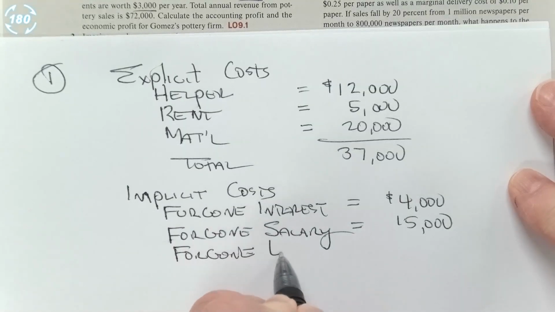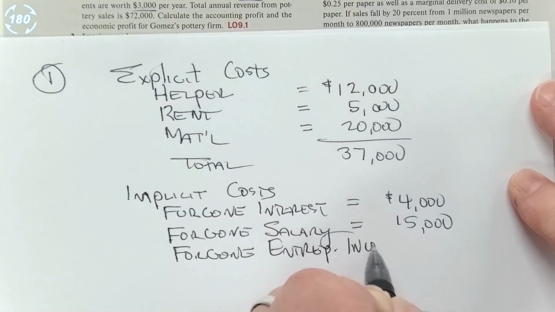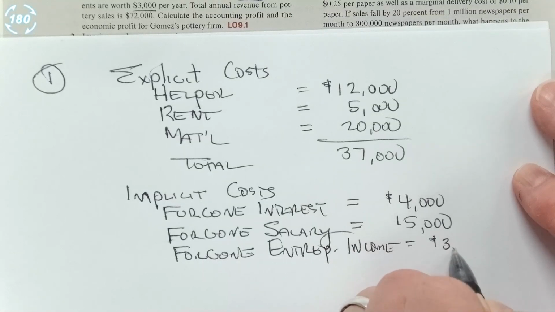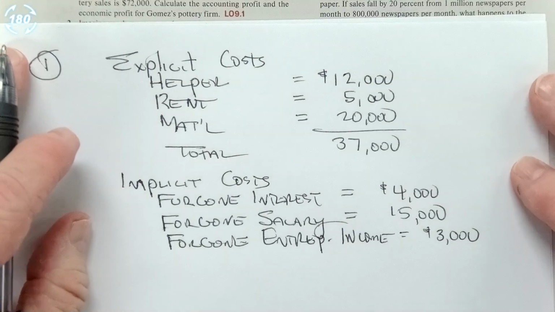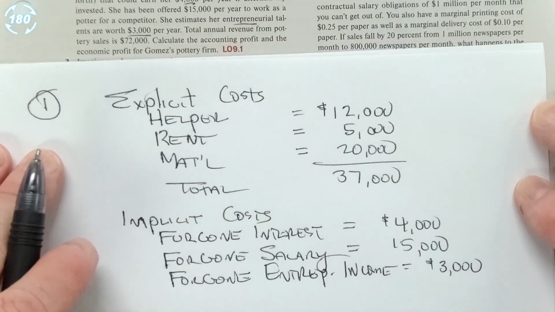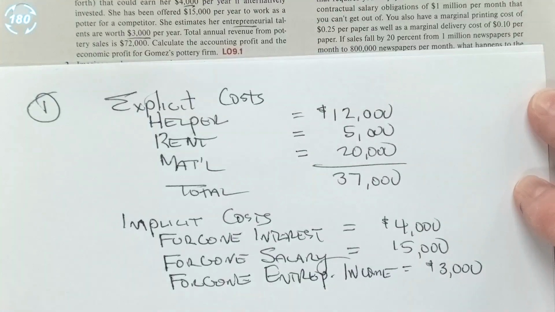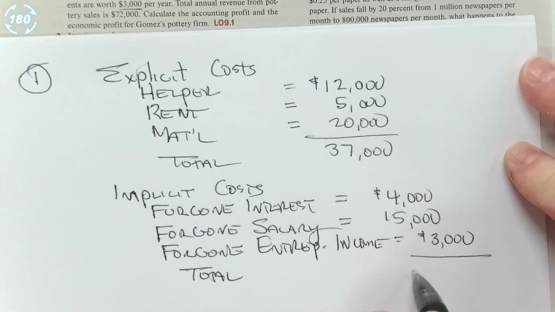Foregone entrepreneurial income of $3,000. That would give her something additional if she were using her time in a way other than in this new enterprise. That's the idea. So there's total implicit cost here. If you add these up, you get total implicit cost is $22,000.